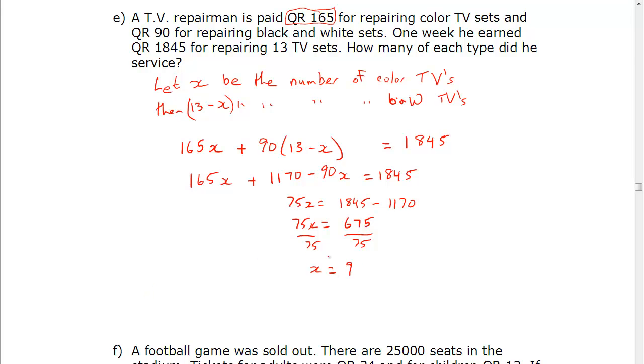So 9 is the number of color TVs. The number of black and white TVs then is 13 minus 9, or 4. The question said how many of each type did he service, so we write a sentence here. He serviced 9 color TVs, and 13 minus x black and white, which is 13 minus 9, which is 4 black and white TVs.